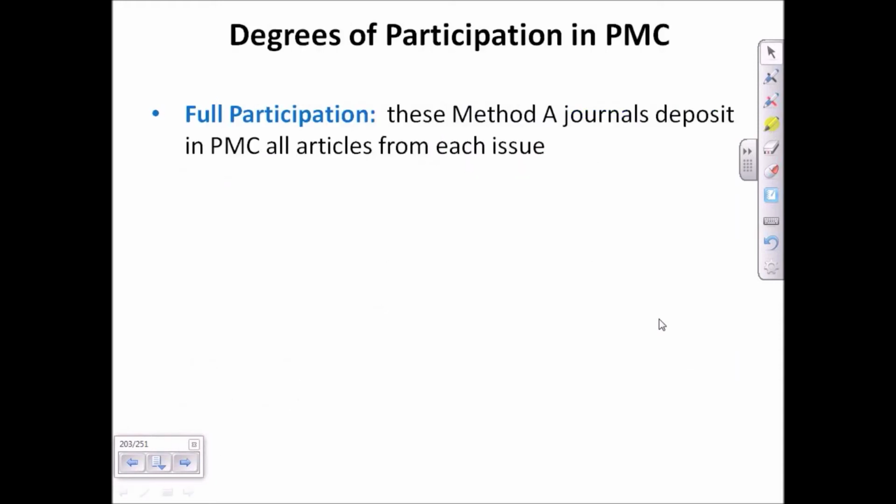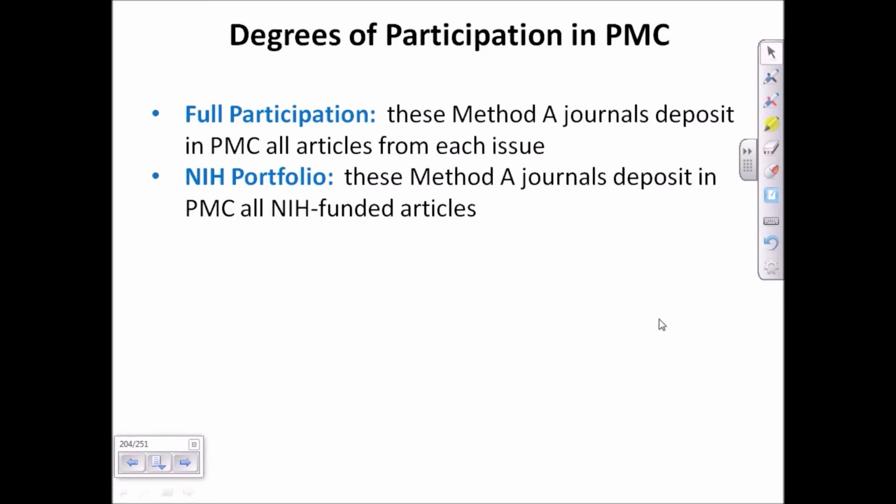There are different degrees of participation in PubMed Central in this list. One degree of participation is called full participation. That means that these are Method A journals that deposit in PubMed Central all articles from each issue of the journal. They participate fully. There are other Method A journals, though, that participate less fully, and they participate according to what's called the NIH portfolio method.